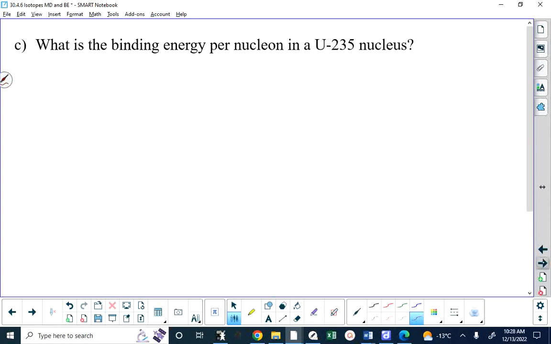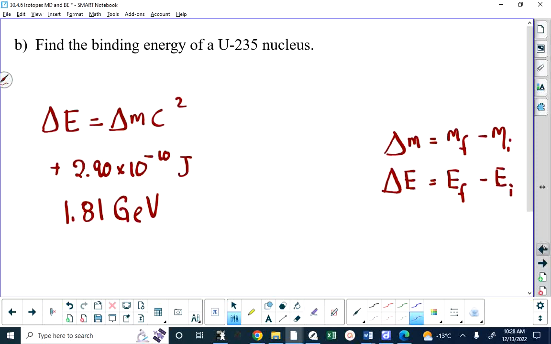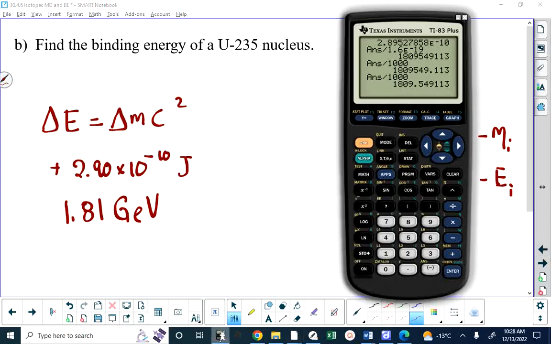What is it per nucleon? Let's go with the electron volts. We need to divide. I just want to get back to where we were. This many electron volts by the number of nucleons in the uranium.